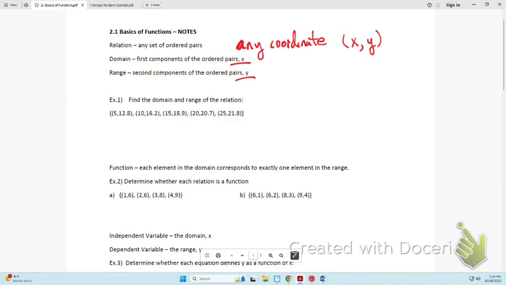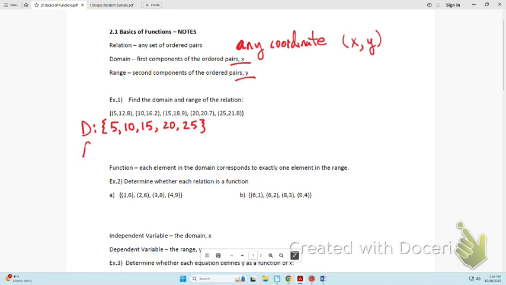So on number 1, when we want to write out what the domain is, I usually just write a capital D, start a curly bracket, and I list all the x values. So I see a 5, 10, 15, 20, and 25. Even if it doesn't end up being a function, you still work it that way.